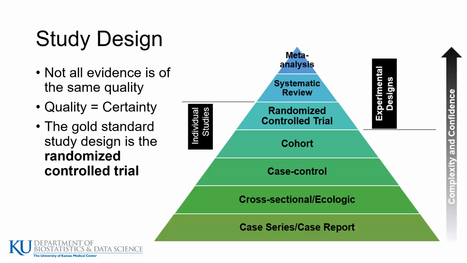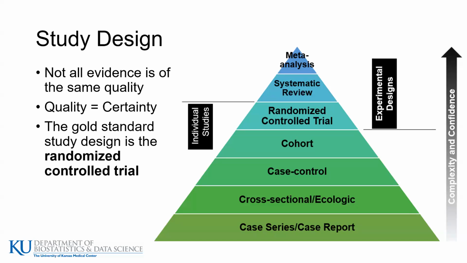And then we looked at this pyramid of study design. So not all evidence is created equal, and there are different study designs that will give us more confidence in our results. So randomized controlled trials are the gold standard.